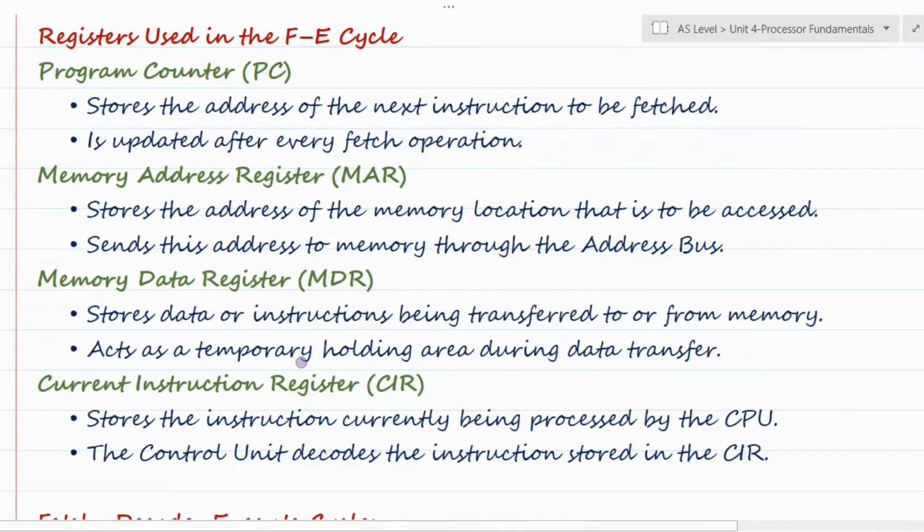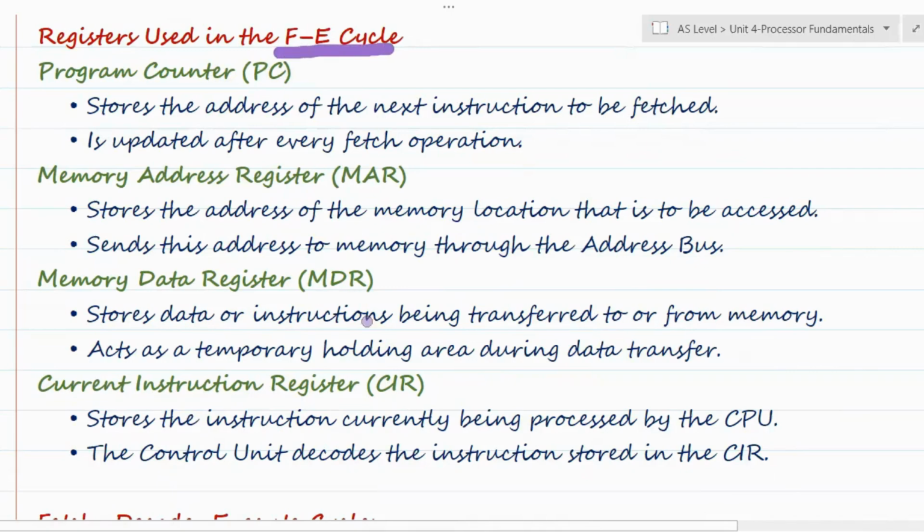It acts as a temporary holding area during data transfer. Then we also have current instruction register. It stores the instruction currently being processed by the CPU. And the control unit decodes the instruction stored in CIR, which is current instruction register. So each one of these registers, they play a major role during fetch, decode, execute cycle.